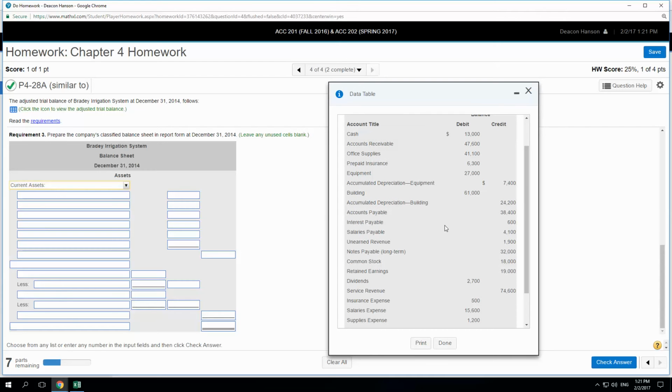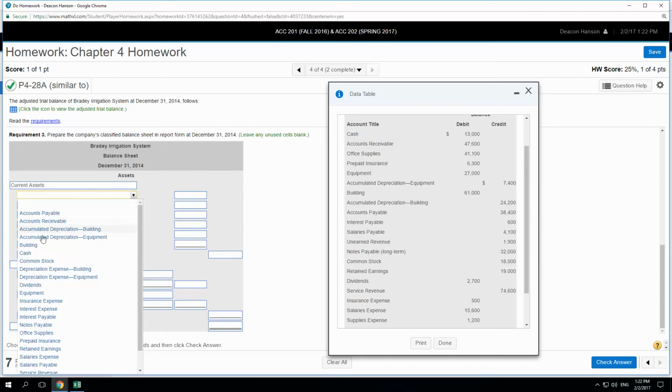Well, anything that we're going to turn into cash, or in other words, liquidate, or anything that we're going to use up within 1 year. Okay? So the 1 year is the cutoff, right? If it's anything that's going to last longer than a year, then that's a long-term asset, a non-current asset.